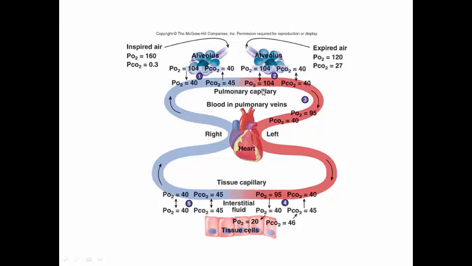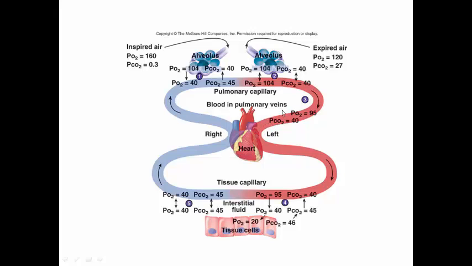So the partial pressure of oxygen now becomes 104 or 102 millimeters of mercury, and that of carbon dioxide is 40. Now this blood goes through the pulmonary veins to the left side of the heart.